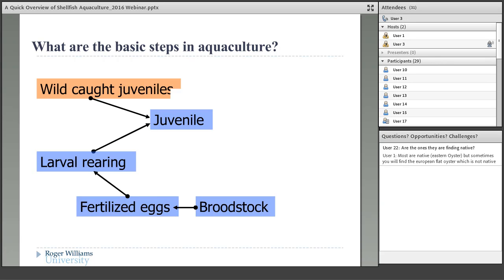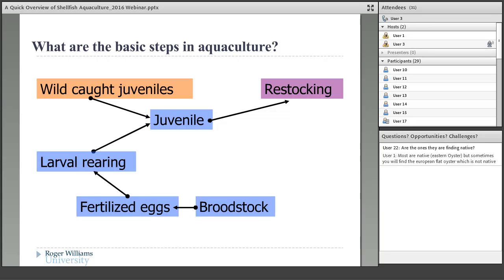Under some circumstances, there's an opportunity to catch wild juveniles instead of getting them through a culture process. If one is using these oysters for restocking, then this is the point at the end of the juvenile stage when the animals are released into the wild.